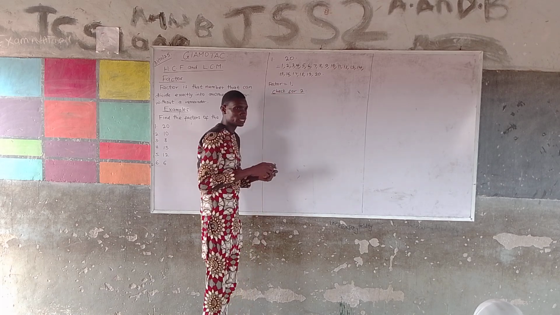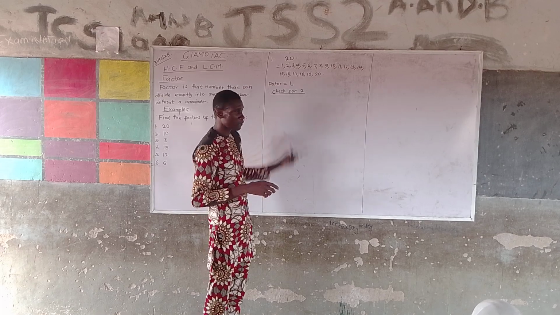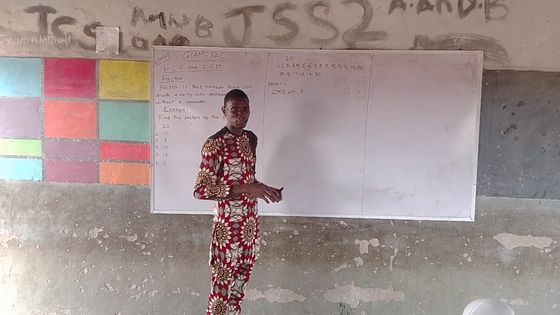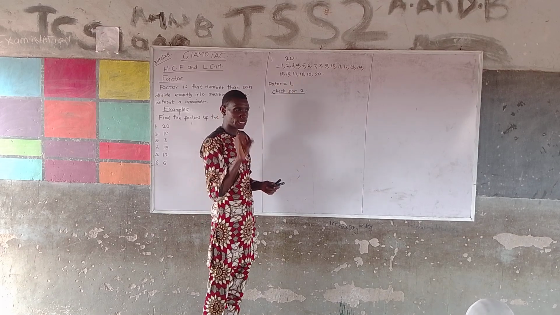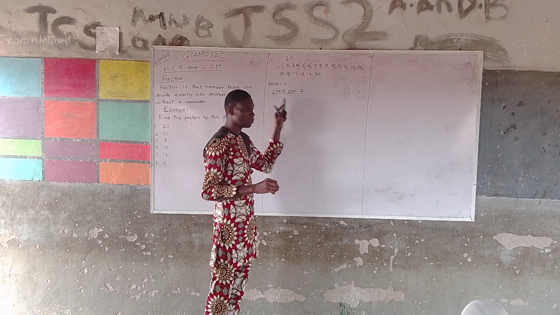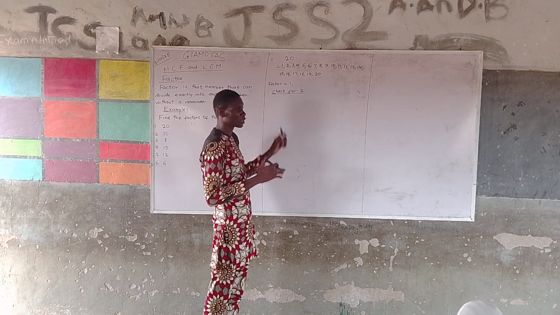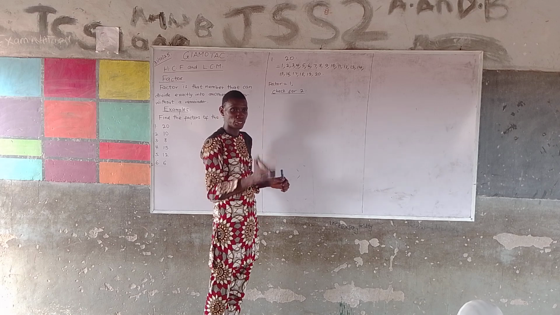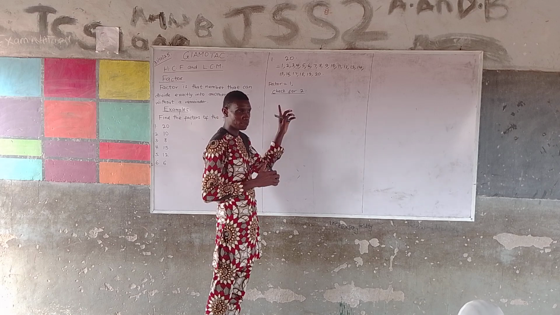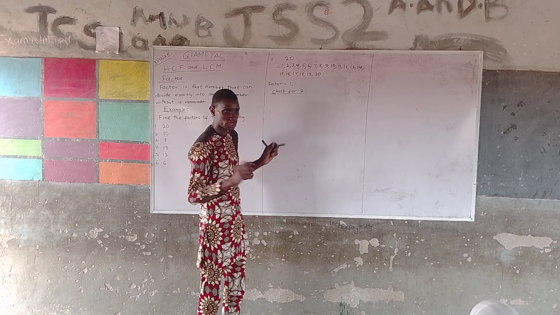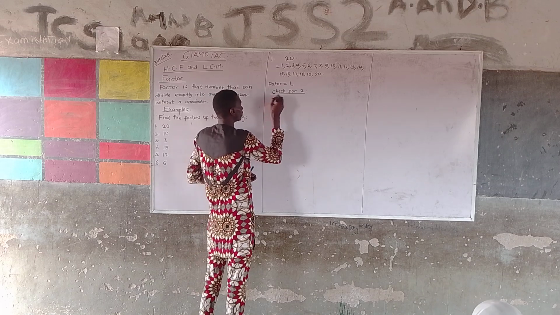What you are simply doing is this: subtract that number from the number that has been given on the board. Once you get 0, then the number that you check is a factor. Once you cannot get 0, and you get any other number apart from 0, then it shows that that number is not a factor. That's just the proof. Now let's start.